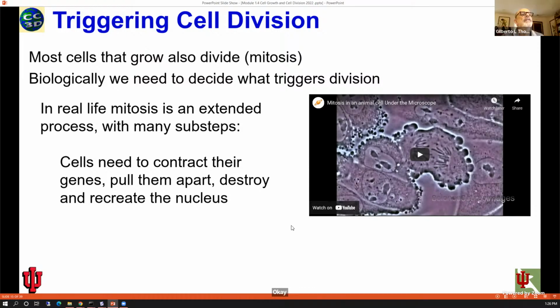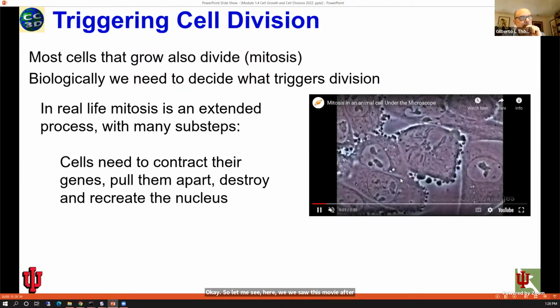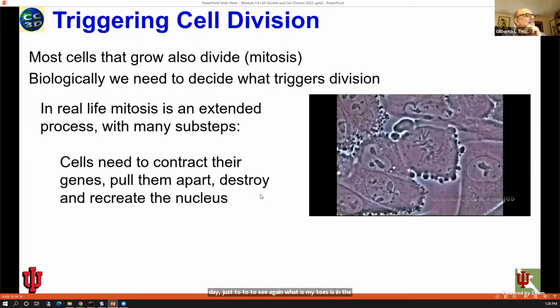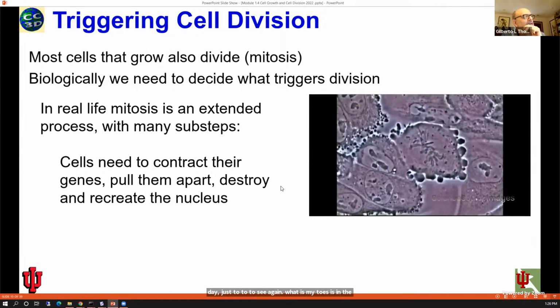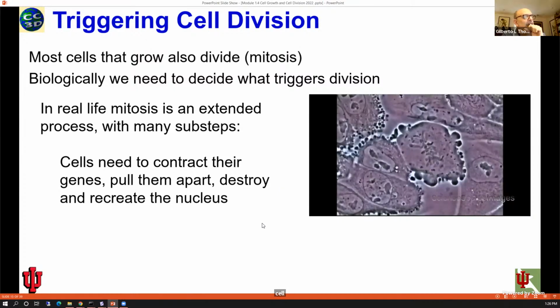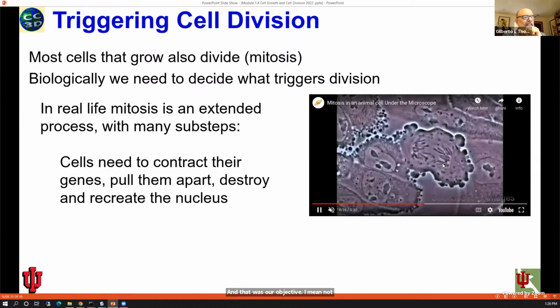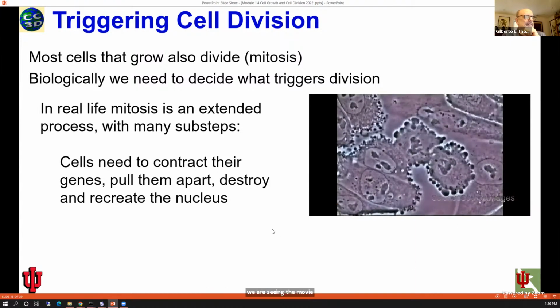Okay, so let me see here. We saw this movie yesterday just to see again what mitosis in a cell is. And that was our objective. Not so ambitious like we are seeing in the movie, but we are going to divide the cell.